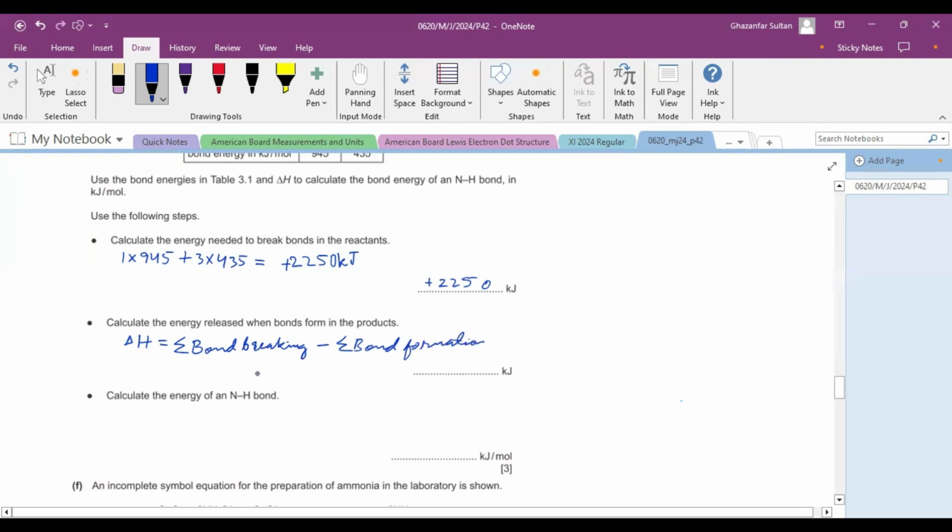So for bond breaking, we know these two values. This is minus 90, and this, we have calculated here, 2,250. This value is positive, and minus the summation of energy for bond formation.